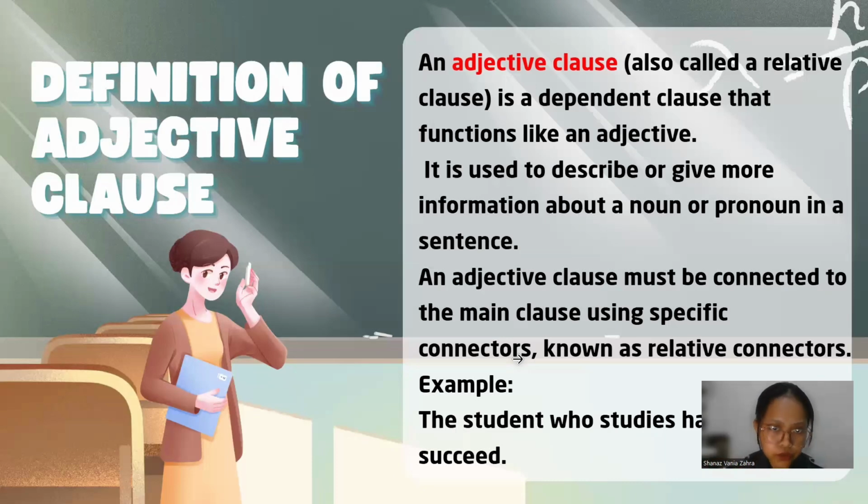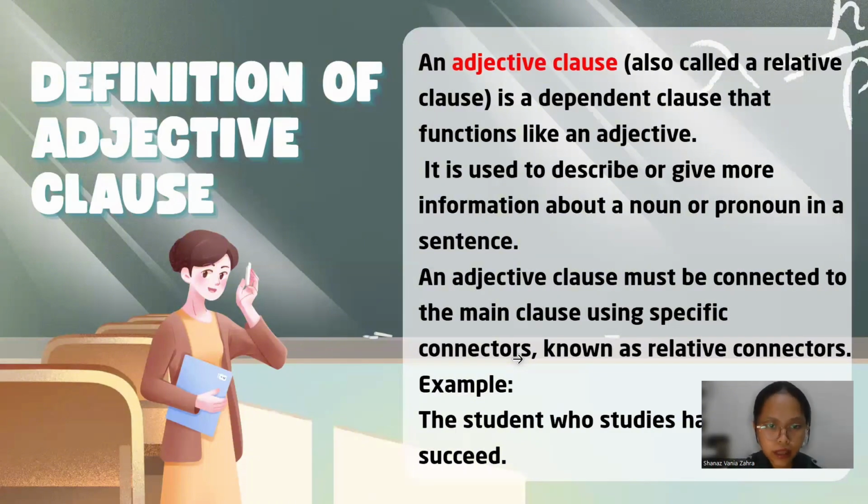The connectors used in an adjective clause are called relative connectors, and they are chosen based on what we want to describe. Some connectors refer to people, some refer to things, and others refer to a place, time, or reason. So by using an adjective clause, we can also combine two simple sentences into one complex sentence.